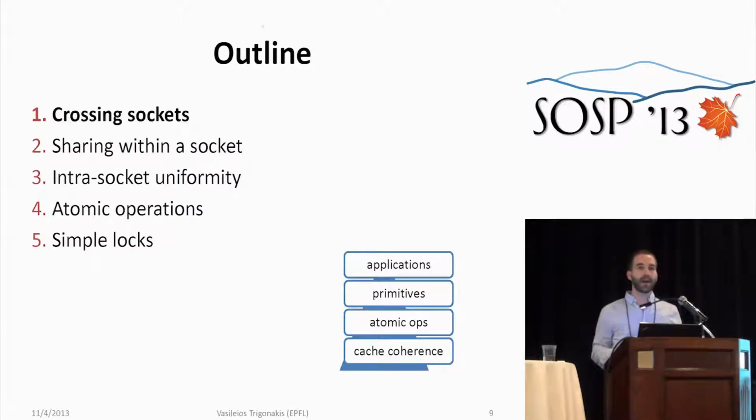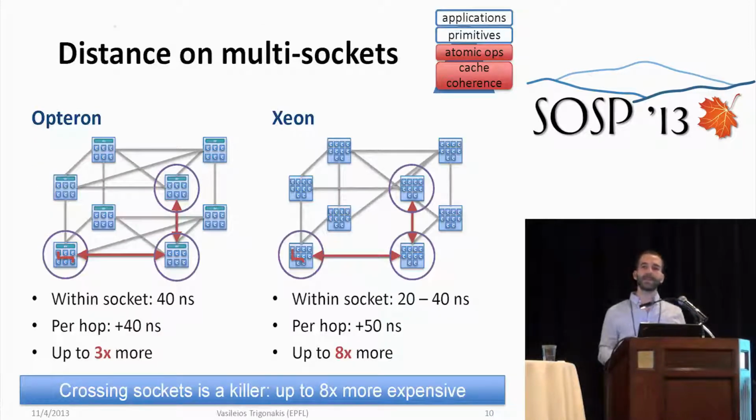So in the rest of this talk, I'll go through our observations one by one, and I will present experiments that illustrate their correctness. So let's start with why we say that crossing sockets is a killer for the scalability of synchronization, and how we quantified this. To illustrate this point, we first measured the load, store, and atomic operation latencies depending on the distance of the requesting core to the data.